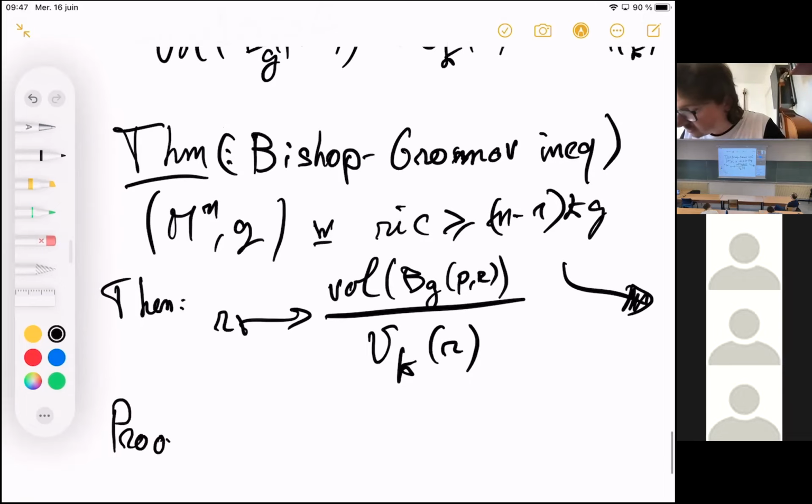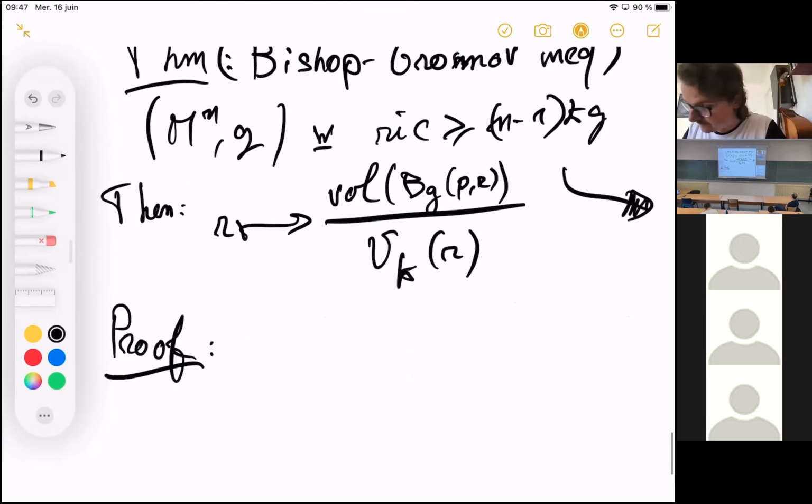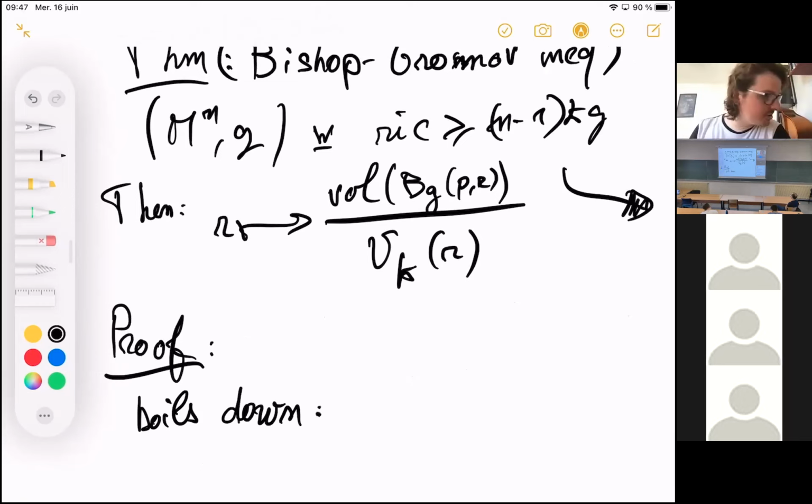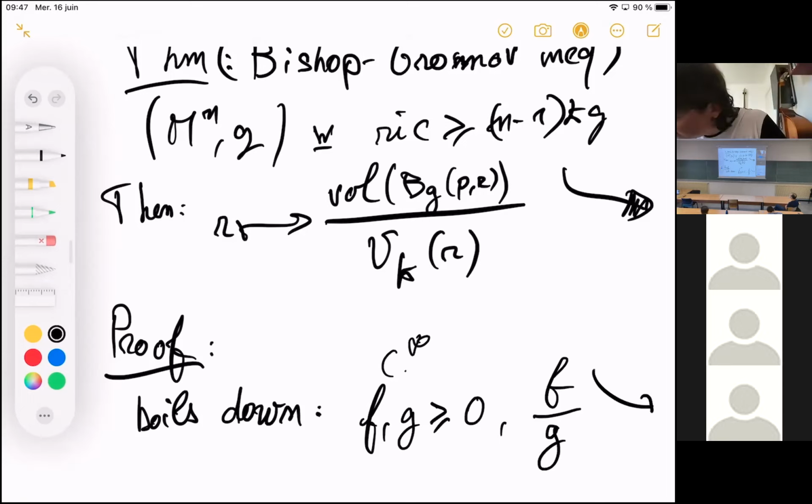The proof could actually make a nice exercise for a calculus class. It boils down to the following observation. Assume f and g are positive smooth functions, and that f over g is non-increasing.